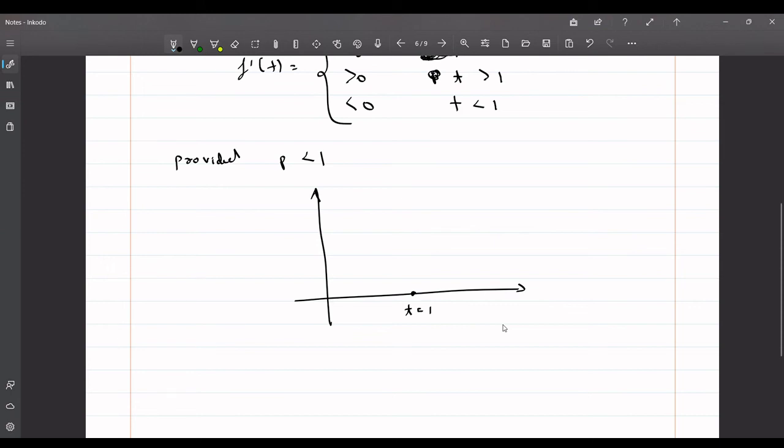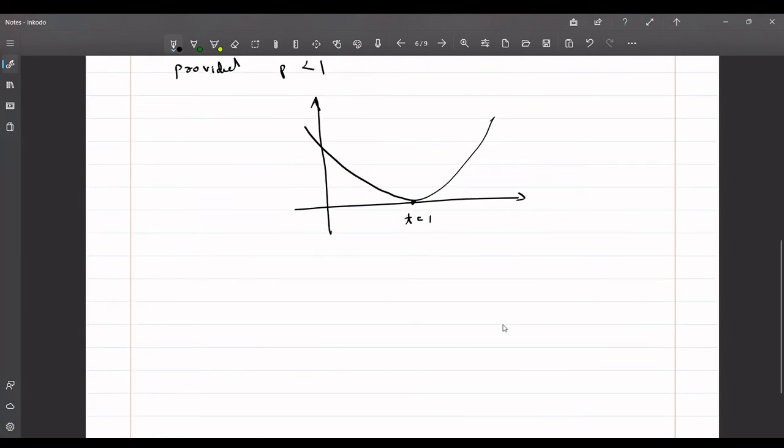When t is less than 1, it's a decreasing function, and when t is greater than 1, it's an increasing function. So the graph might be somewhat like this. From this we can obviously say that the function is always greater than or equal to 0. So for all t belonging to R, f(t) is a non-negative function.